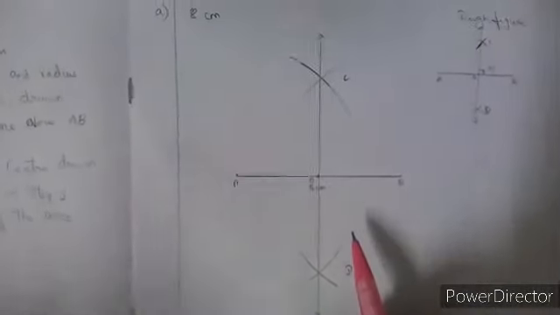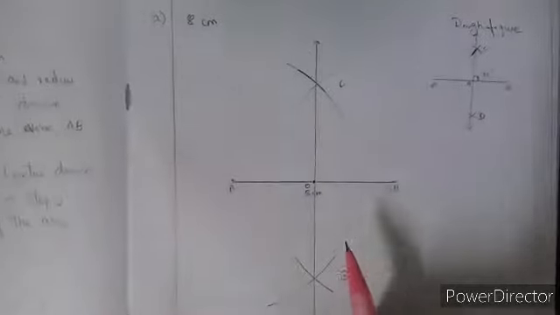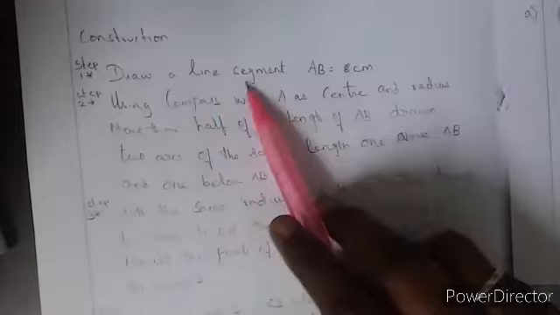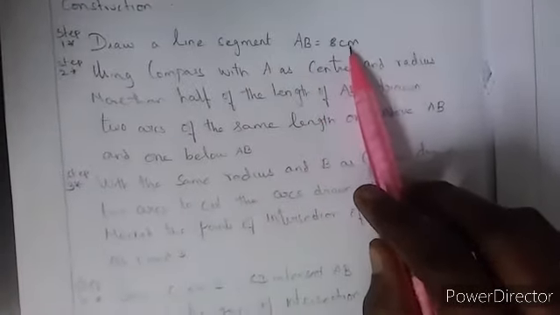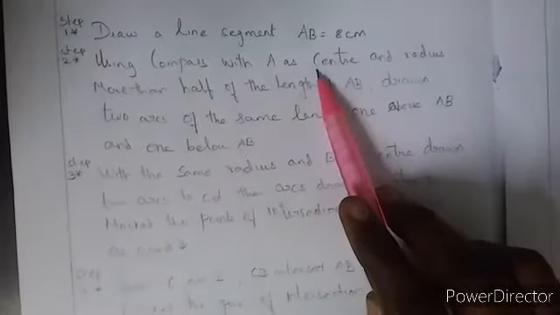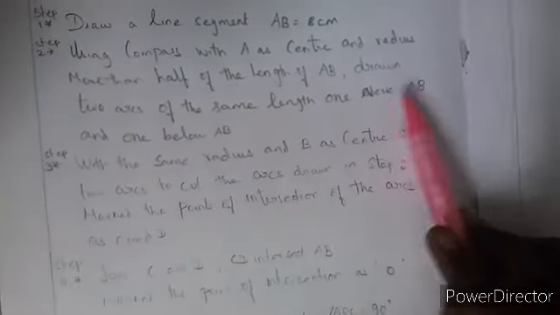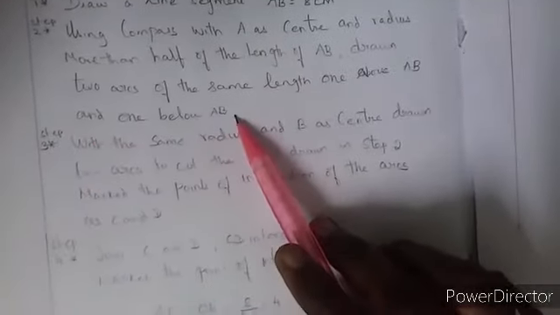Now you have to write the construction on the left hand side of your geometry note. Construction. Step 1. Draw a line segment AB equal to 8 cm. Step 2. Using compass with A as center and radius more than half of the length of AB, draw two arcs of the same length, one above AB and one below AB.